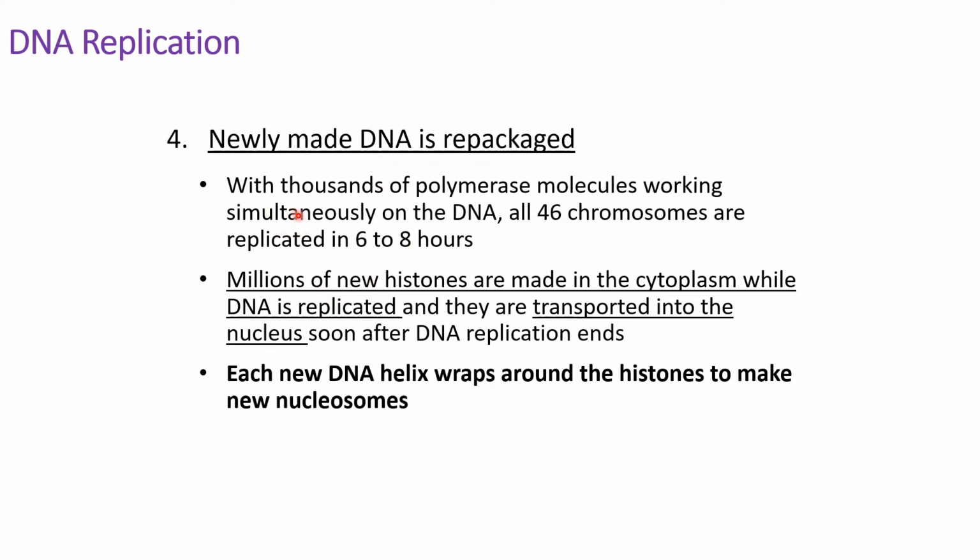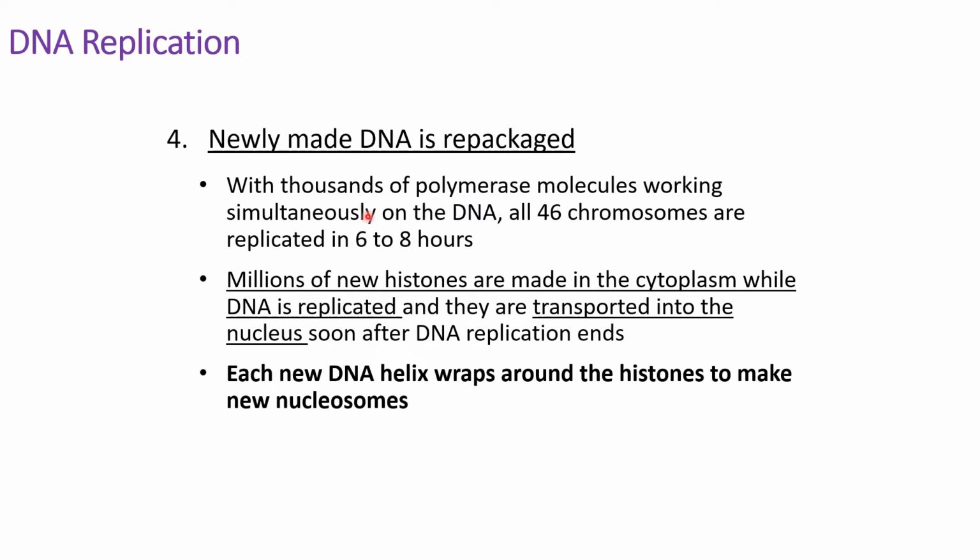Now, this first point here is just really for your interest. You will not be asked about this. I just left it in case you're interested. At any given time that we're doing DNA replication, there will be thousands of DNA polymerase enzymes working at the same time on DNA. So this is really happening at a very high rate, very rapidly. You don't really just have two DNA polymerase enzymes.